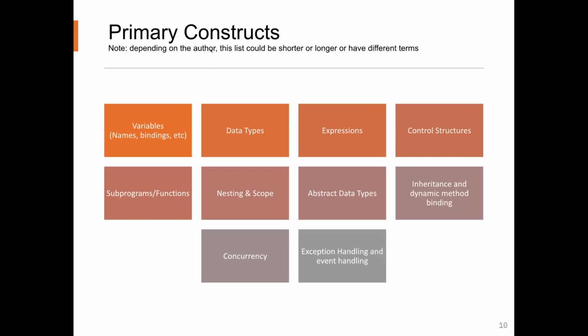Depending on the author, this list could be slightly different in how it's categorized, a little bit different in the exact words used, but roughly, it's going to be this. When I went through all the papers and books that I was reading to come up with this final list, the way I decided on this was just what made sense, common sense for me, and also what seemed to be prevalent across all the things that I read.